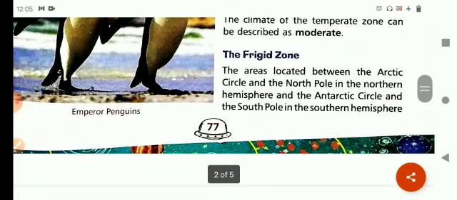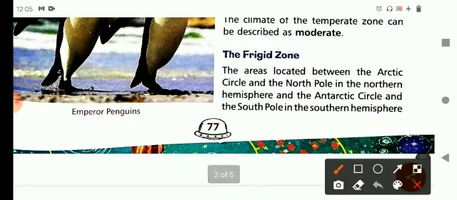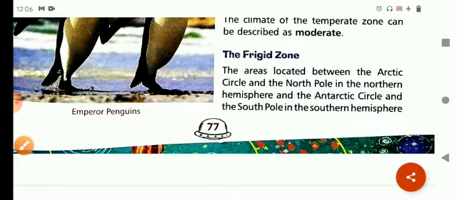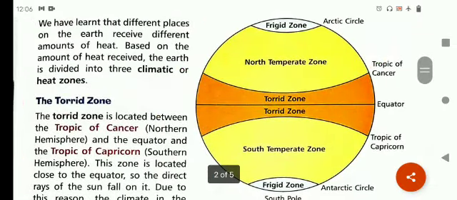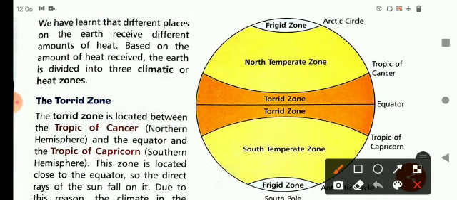Now come to the frigid zone. The areas located between the Arctic Circle and the North Pole in the northern hemisphere and Antarctic Circle and the South Pole in the southern hemisphere. Again, let's see in the figure. Here you can see the frigid zone.